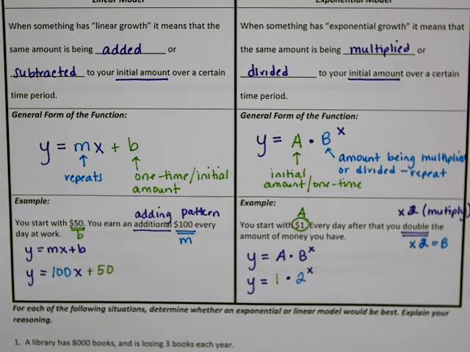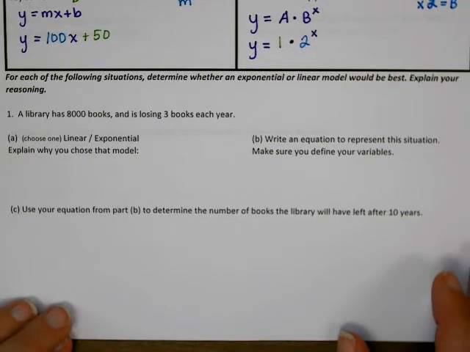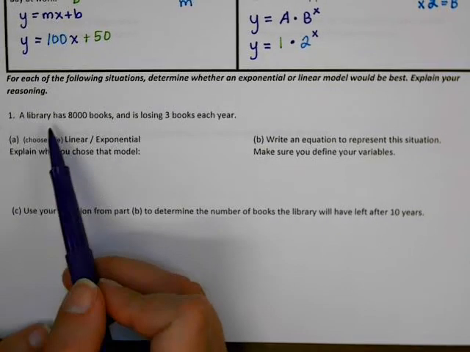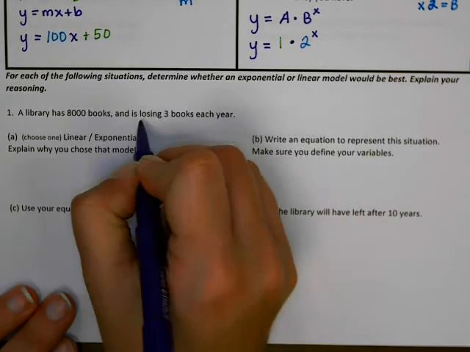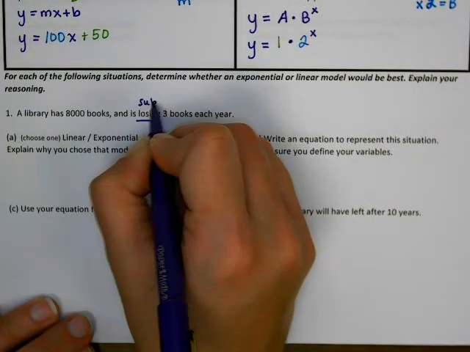So let's take a look at some example problems. The first thing that we're going to have to do in each of these examples is determine whether we have exponential growth or linear. So in other words, whether we have a multiplying and dividing pattern or an adding and subtracting pattern. It says here a library has 8,000 books and is losing 3 books each year. Losing means subtracting.